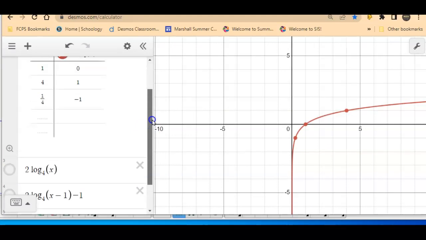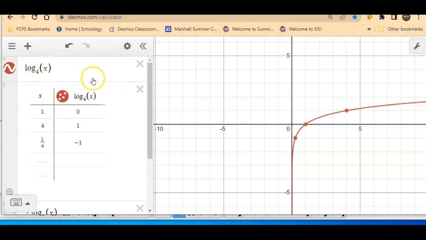Okay, so on Desmos, you can see I have the parent function graphed in. These are the points that I just plotted, and you can see the way that curve goes. Now we want to apply the transformation. We want to multiply all these points by 2. This has a multiplier of 2. That means my output at 0 is still going to be 0, because that multiplier is for the y.